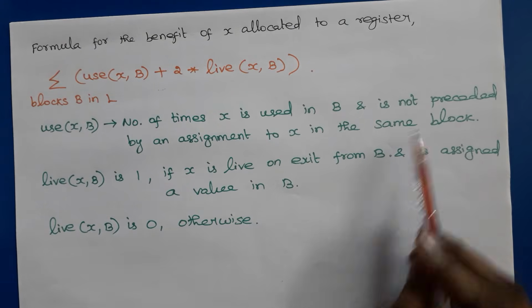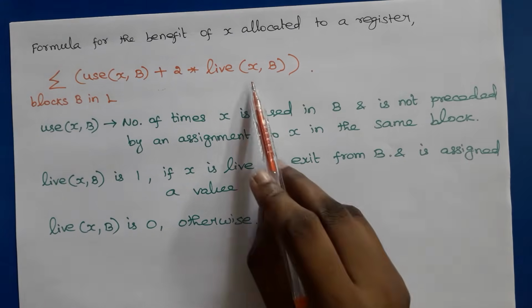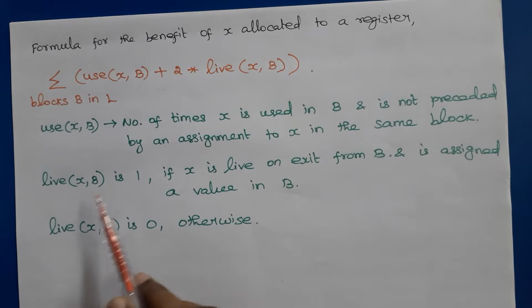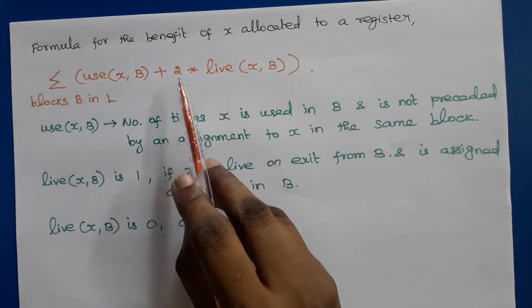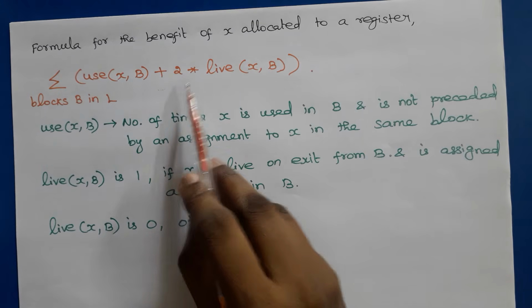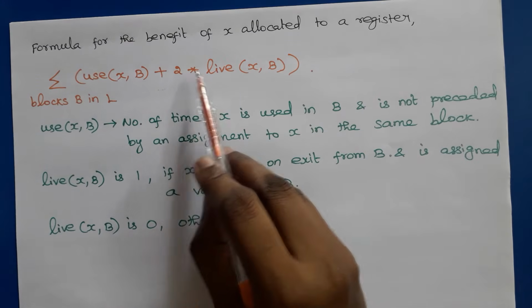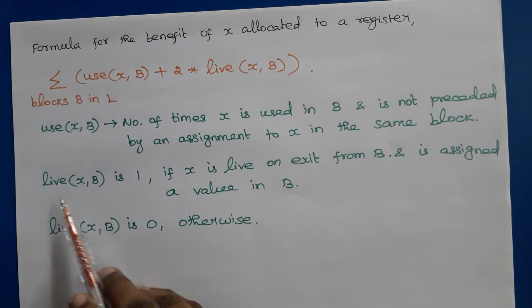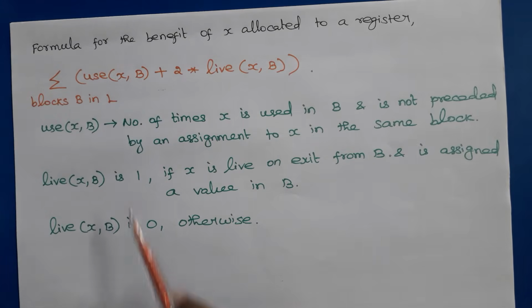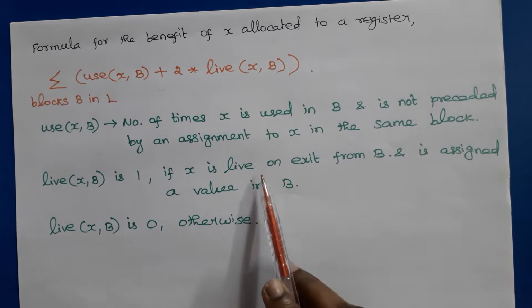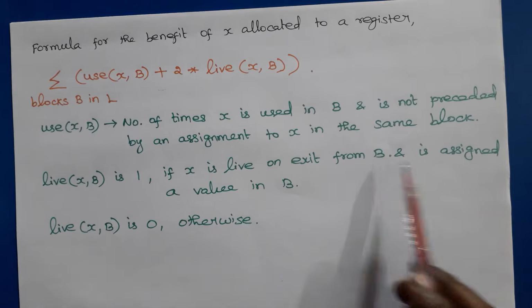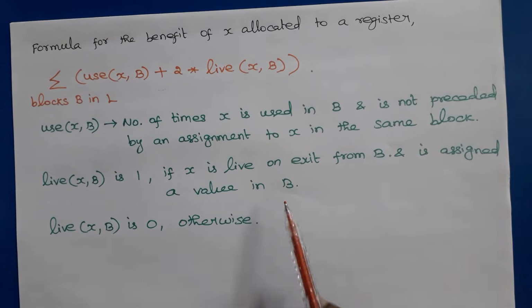This is the condition. Then live of x comma b is 1 or 0, because it is multiplied by 2; we save 2 units of cost only, but 2 is multiplied here. Live of x comma b is 1 if x is live on exit from b and is assigned a value in b.